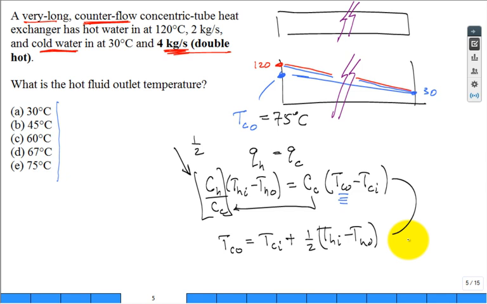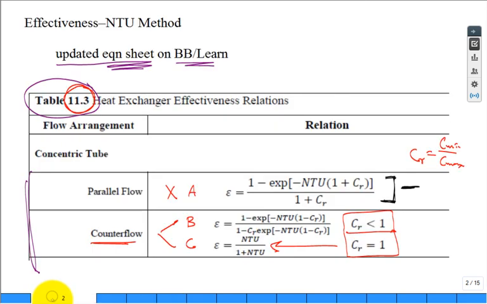But what about this temperature of the hot out? I know that I said it's equal to 30, but using the equations, well, you have to get the right equation. We go back here, and it is counterflow, but is C sub R equal to 1? Nope. So we have to use that middle equation, don't we?